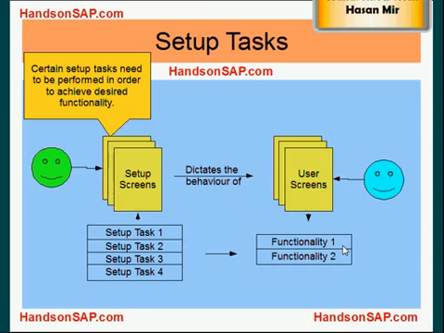This company needs this functionality. Okay, so that's what a configuration is. Configuration is also known as customizations or setup. That's what it is. You perform certain tasks on the setup screen so that the application starts behaving in a certain way, or the application starts showing certain functionality.